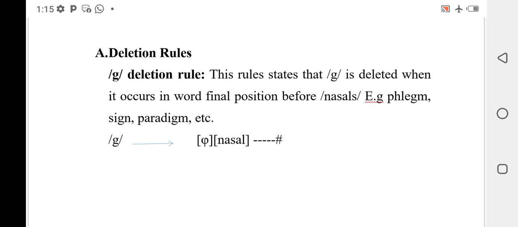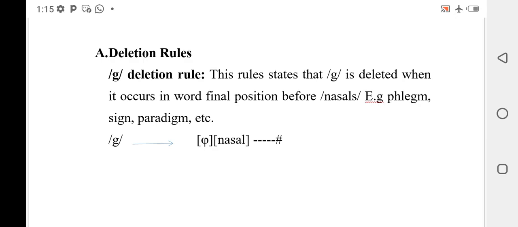So G becomes this omega symbol in square brackets, which is the symbol for deletion. So we say that G becomes deleted, okay, when it occurs in the word final position before a nasal. So in between the nasal there is G.